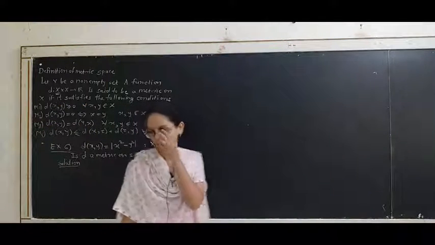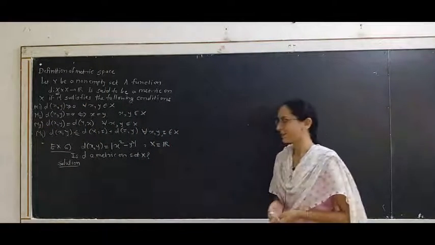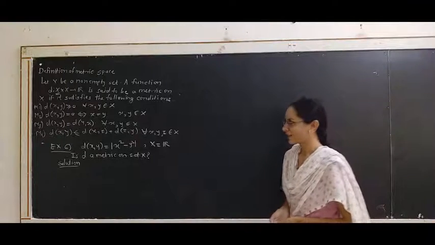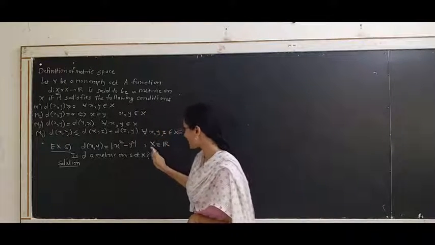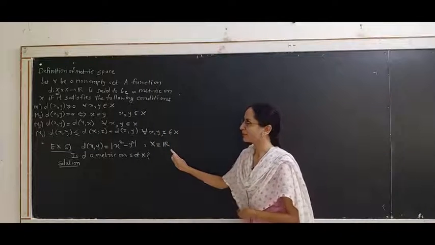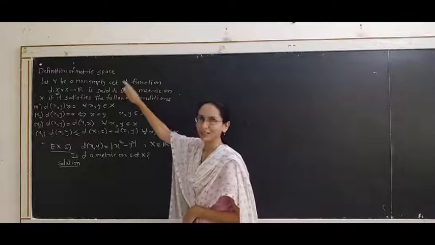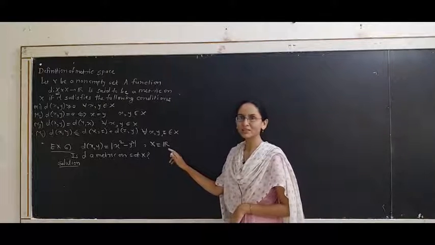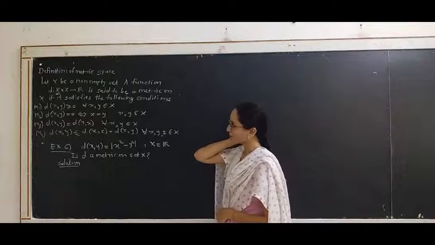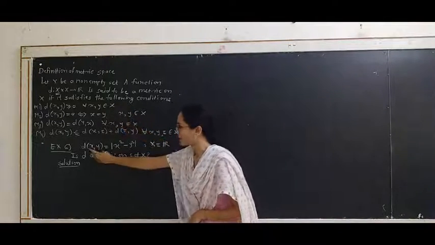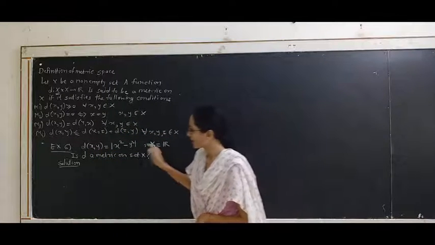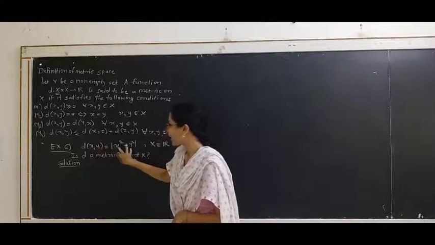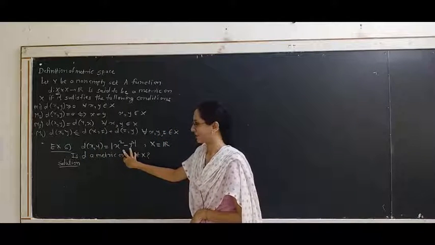D function will be a metric on set X if and only if d satisfies these four properties. Now, given that set X is R, it is non-empty. See the definition, X is a non-empty set, and here X is the set of real numbers, it is non-empty. D is a function from X cross X to R, because x, y belong to the set of real numbers, and d(x,y) is defined by mod of x square minus y square.